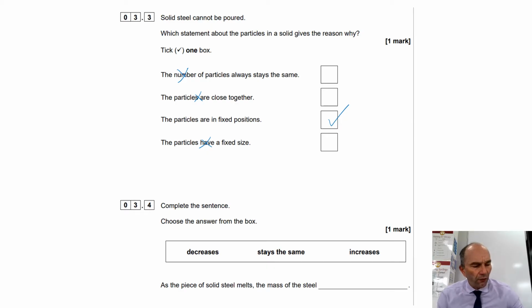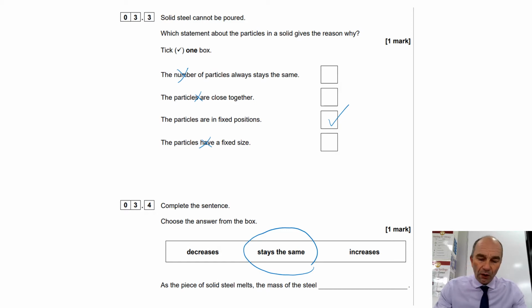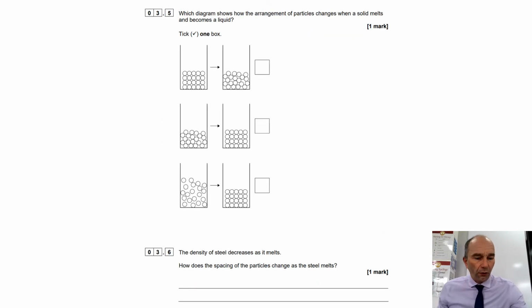And now on 3.4, we've got to choose the answer from the box. As a piece of solid steel melts, the mass of the steel. Well, just because we're changing the state, the number of particles isn't changing. So the only answer we can go for here is stays the same. Question 3.5.